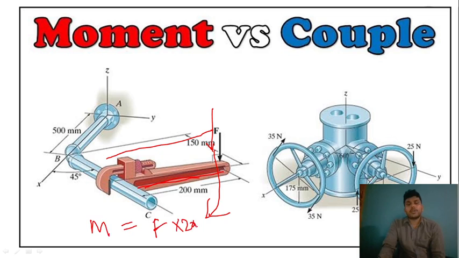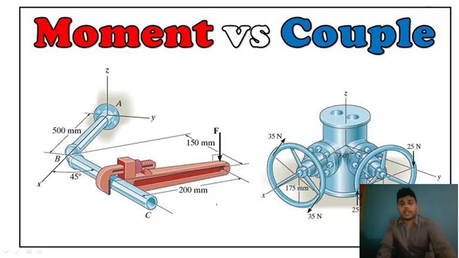Distance is 200 mm here. And in the case of couple, while opening this circular wheel gate of an opening valve, we have to produce 35 kilonewton. Showing the figure, 35 kilonewton is acting at a distance from here, which is 175 mm, and another 35 kilonewton is acting opposite in direction, which creates a couple.